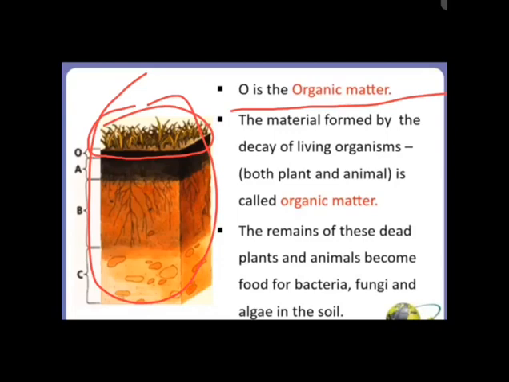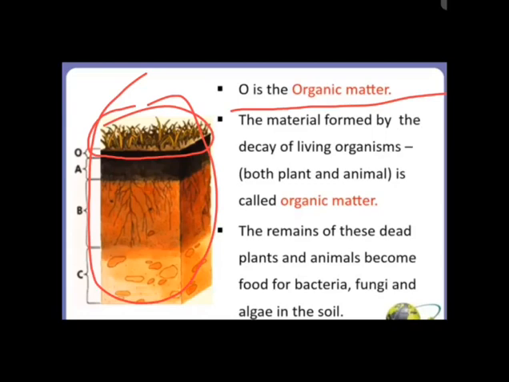Organic matter is the material which is formed by the decay of dead plants and animals. Okay, and the remains of these dead plants and animals become food for the bacteria, fungi and algae in the soil. So the bacteria, fungi and algae which are present in the soil usually eat this organic matter.